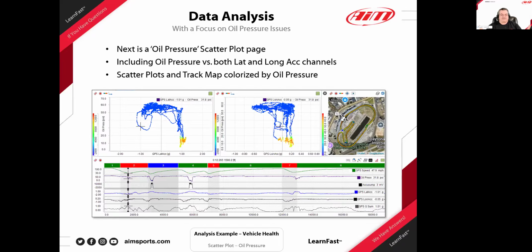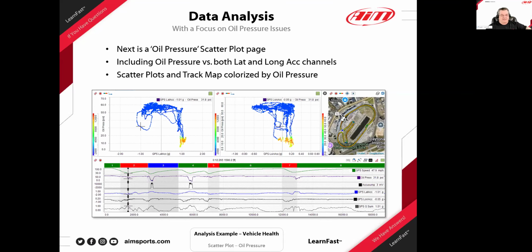And this goes across not just this particular question, but if you're having fuel pressure problems or water temperature problems or whatever it is, you've got to dig in and figure out why the problem is happening, right? So you keep on bringing up data and looking at it in different ways until you can find something that shows you that trend and shows you why certain things have happened.